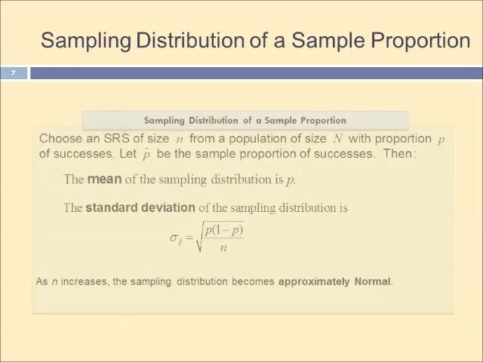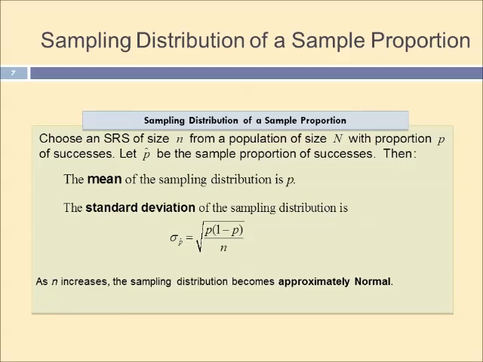So we're interested in some of the statistics associated with the sampling distribution of a sample proportion. If we choose a simple random sample of size n from a population of size capital N with proportion p of successes, and we let p hat be the sample proportion of successes, then the mean of the sampling distribution is p, the population proportion.